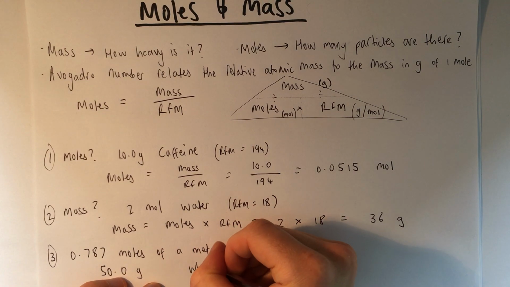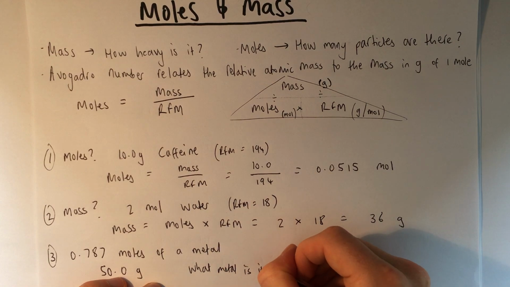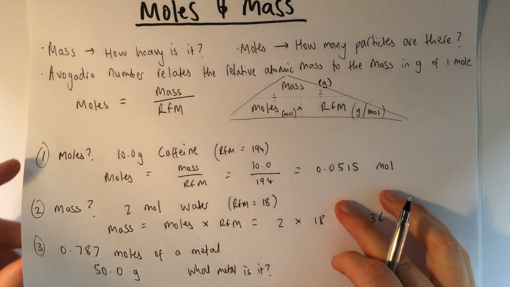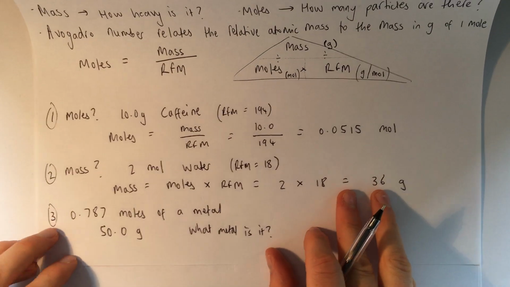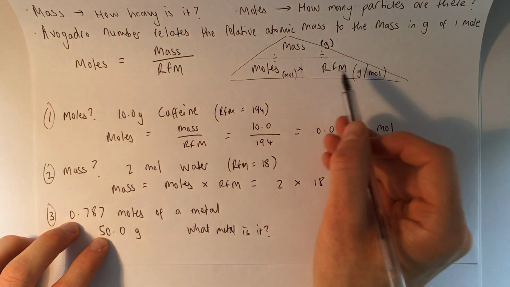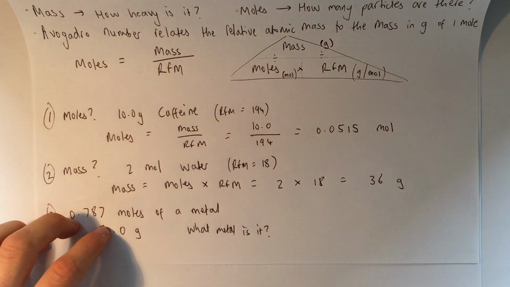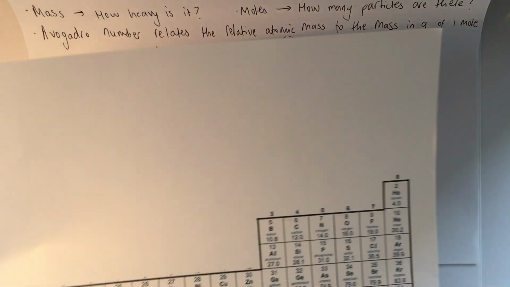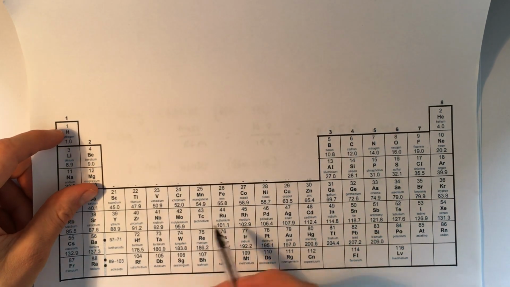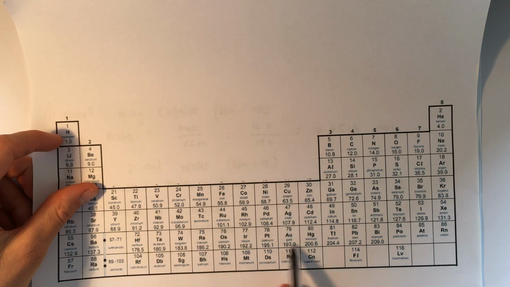What metal is it? Now, if I was given that question in an exam, what I would do is I would see that I've been told the moles and the grams, so I can work out the relative formula mass by doing grams divided by moles. And if I know relative formula mass, then I can just use a periodic table to find which metal it is.